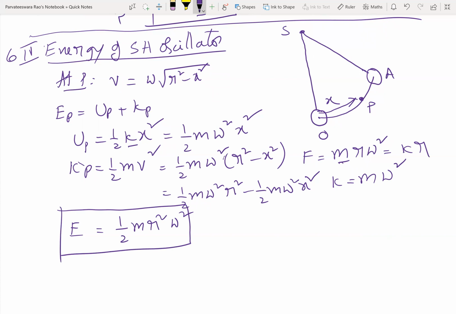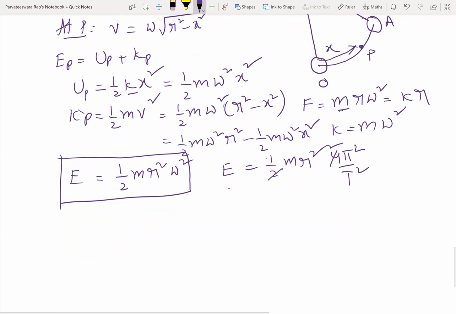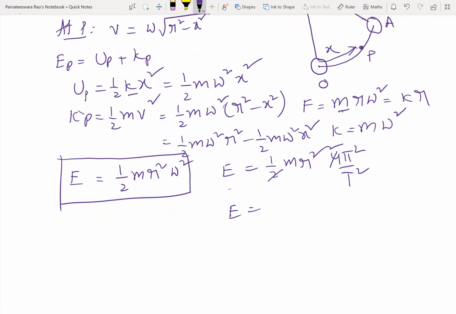If you substitute omega is equal to 2 pi by T, this will be half m r square into 4 pi square by T square. Therefore, the energy becomes 2 pi square r square m by T square.